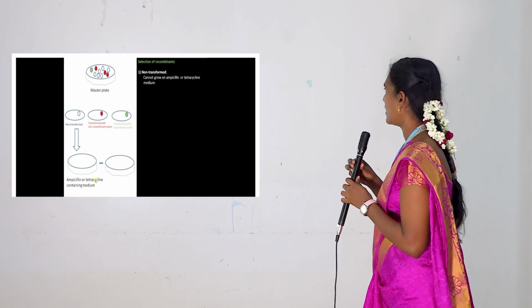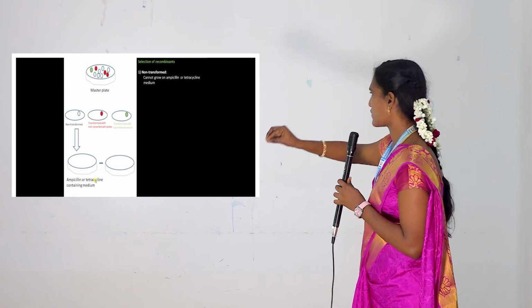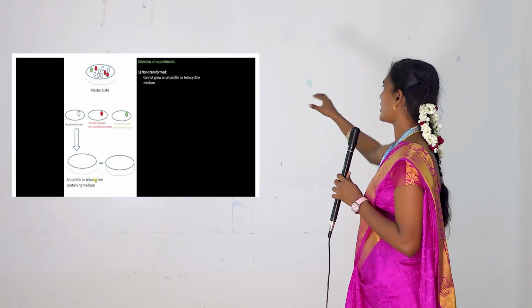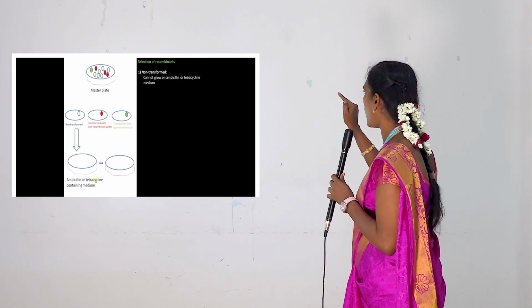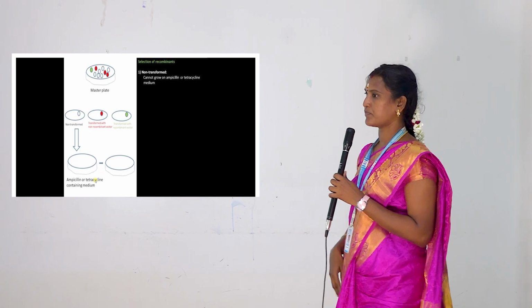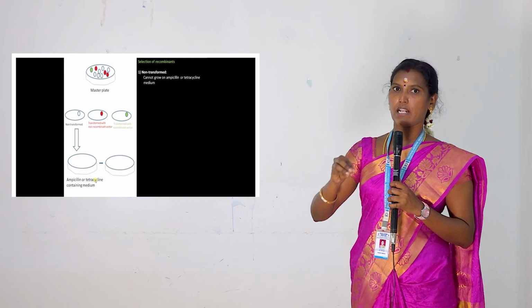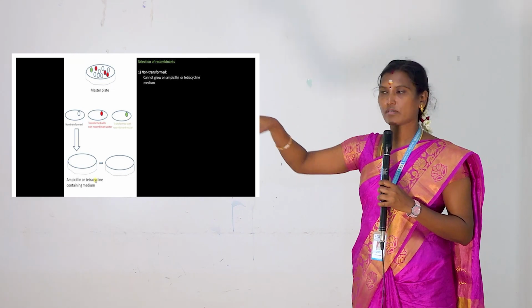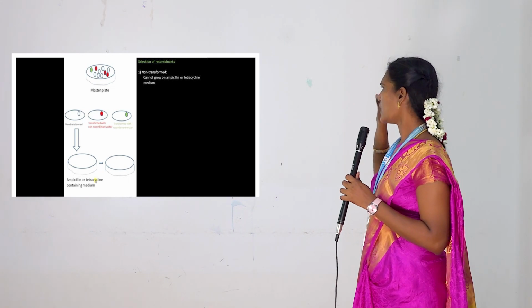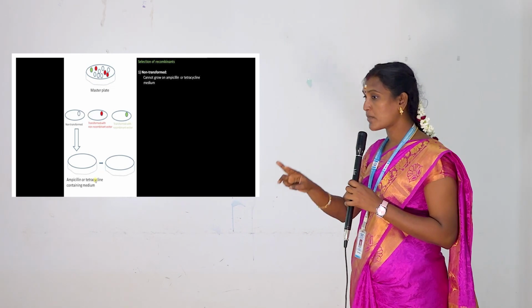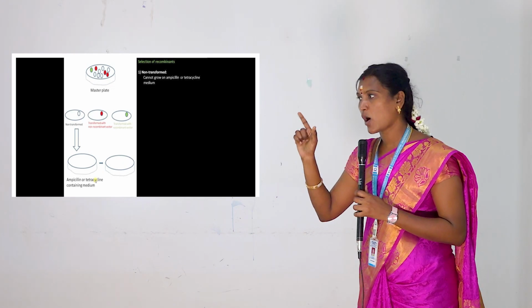This is a plate containing transformed, non-transformed, and all kinds of cells. For selection of recombinants, if after insertion of a gene into a vector we transfer that vector into a host cell, we will get non-transformed cells, transformed cells with non-recombinant vector, and transformed cells with recombinant vector.